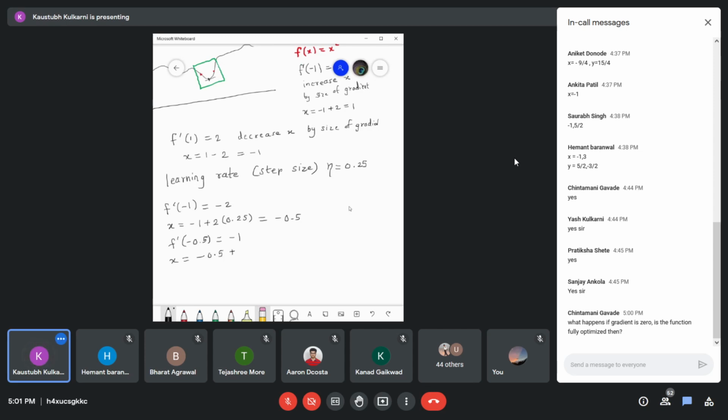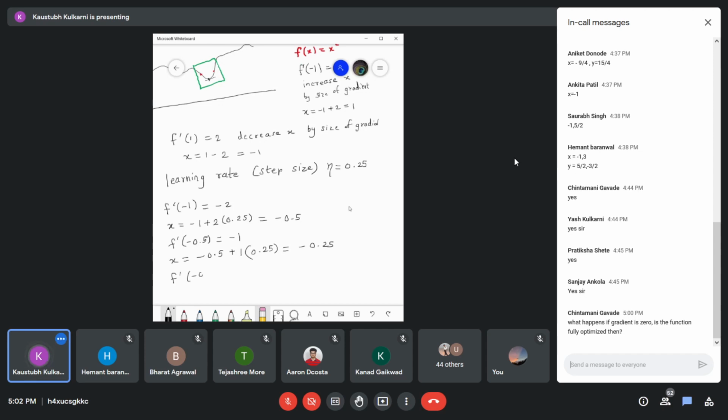Plus the gradient value is now 1. Don't take -1 or -2, these are the values of the derivative. Value of the gradient here is the absolute value that we are considering. Magnitude, you can say it is 1, and step size is again 0.25, so it becomes -0.25.